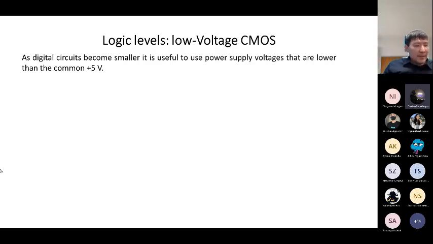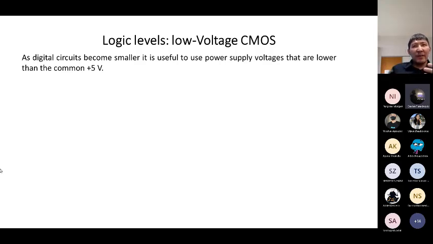But for example, now we all have smartphones and small devices, and manufacturers try to reduce voltage, because if the voltage is less, the battery can have a smaller capacity and the energy consumption will be less.